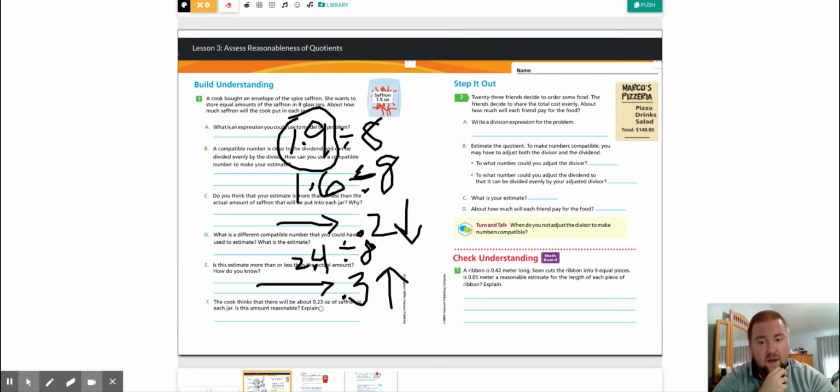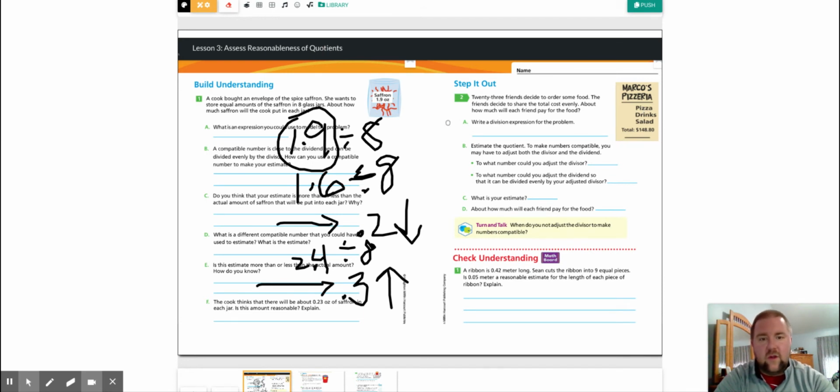So that's the introduction to this lesson for compatible numbers, trying to find a way that we can change our dividend so that we could quickly divide by our divisor, sometimes even mentally, like we did here.